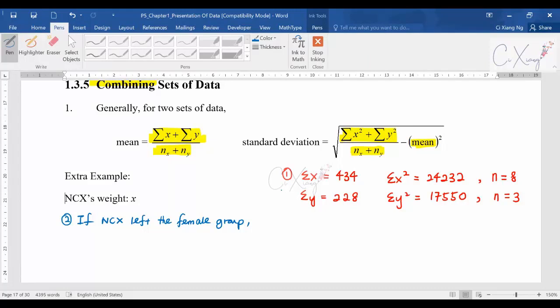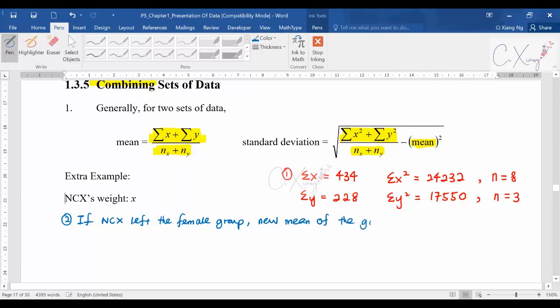Let's say I get the new mean, okay, the new mean that I get is equals to 368 over 7, let's say.